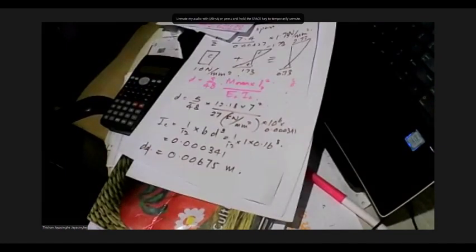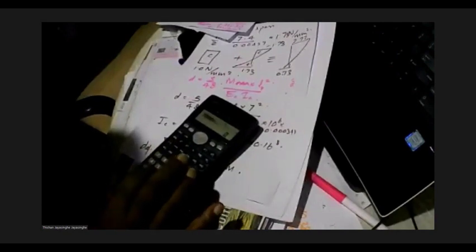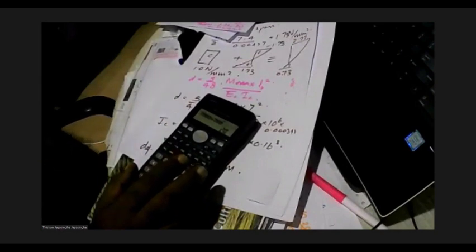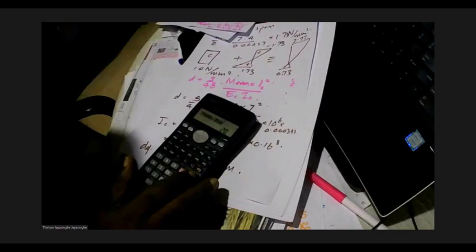So basically deflection is span over 350. So the deflection allowed is 7,000 divided by 350, 20 millimeters deflection is allowed. You get a maximum deflection of 6 millimeters only.